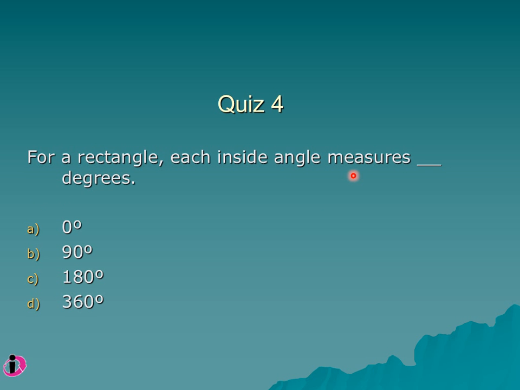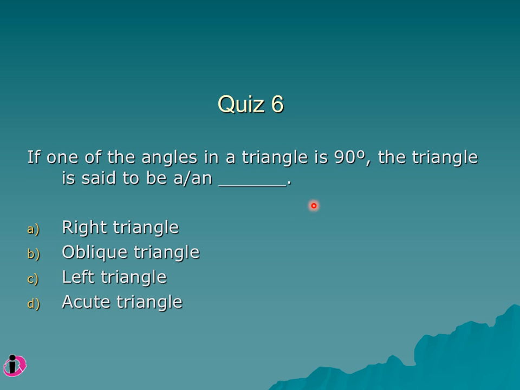So the right answer is B. For a triangle, the inside angles always add up to 180. That's C. If one of the angles in a triangle is 90 degrees, the triangle is said to be a right triangle, right? If one of the angles is 90 degrees, that means you have one right angle, and that triangle is called a right triangle.